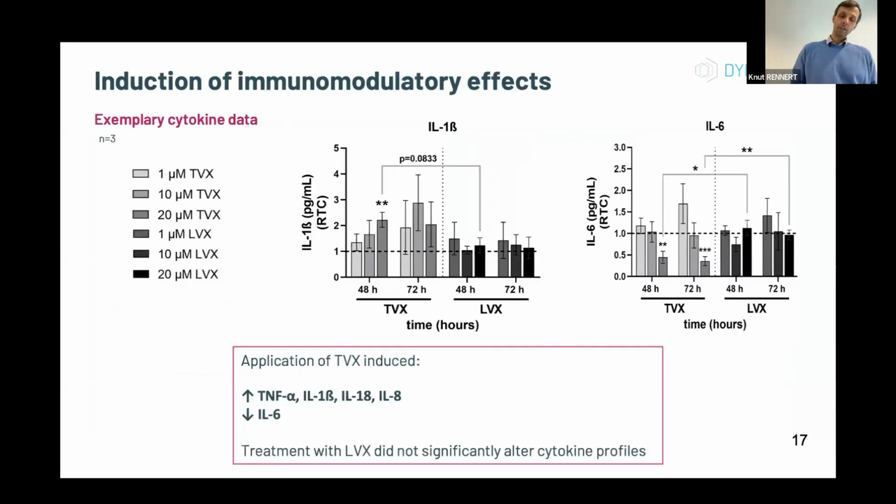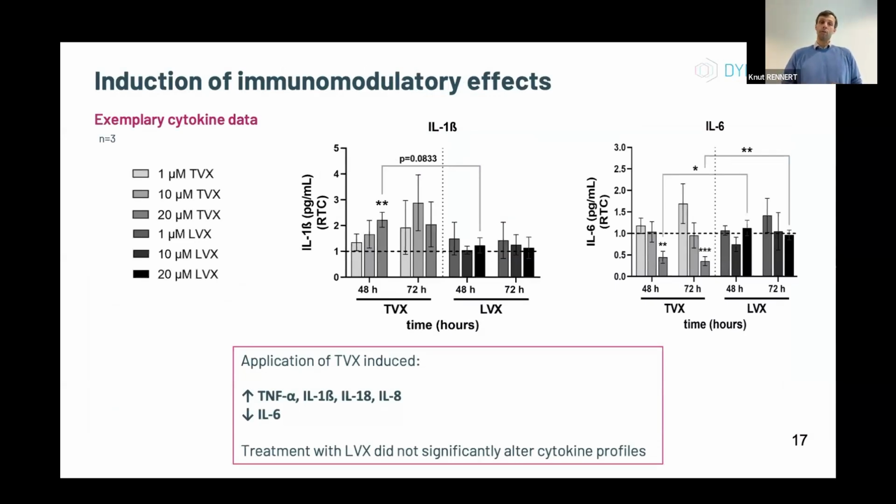As already mentioned, we also checked for cytokine profiles. As we have immune cells or macrophages in the system on the vascular side, we also checked if cytokines will be expressed and released in the liver chip.